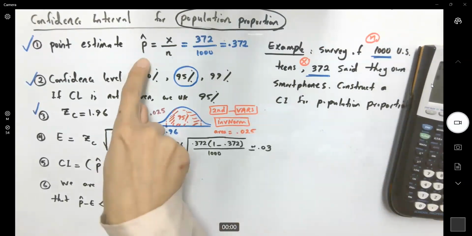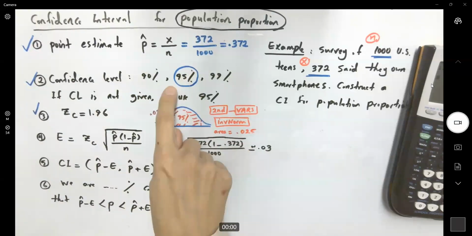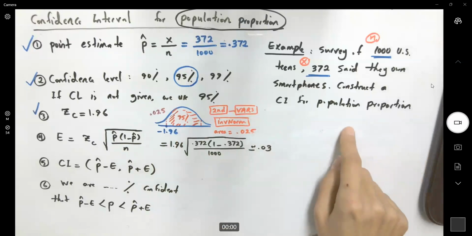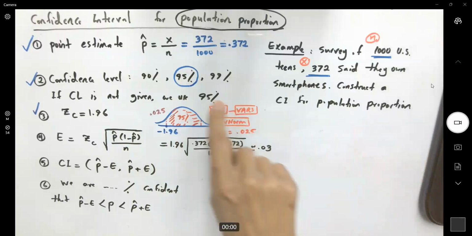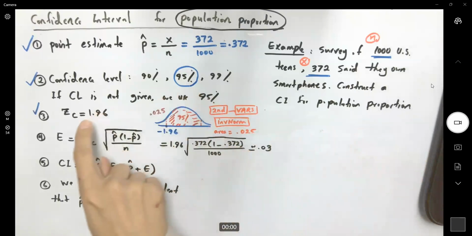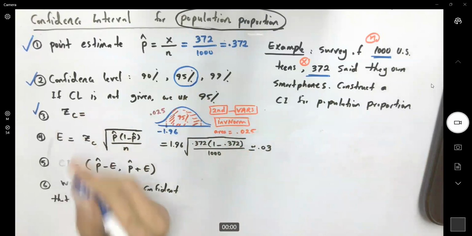I found P hat, the point estimate for my population proportion. Then, since in this question there is no mention of confidence level, I'm going to go with 95%. I use my calculator to find the critical value, which is 1.96.